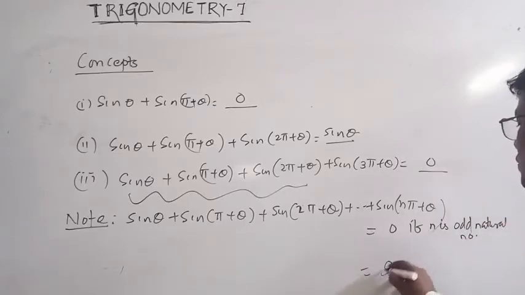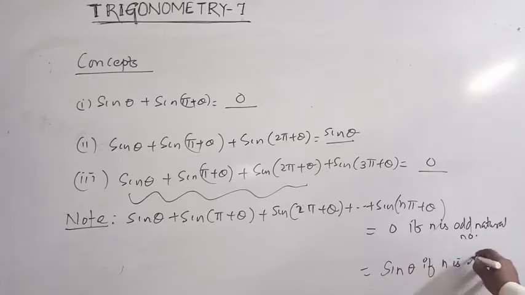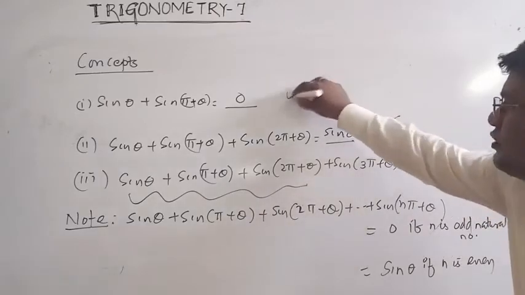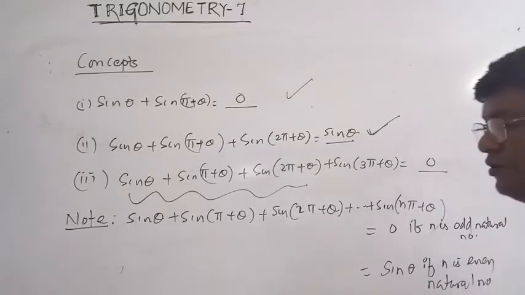This is equal to sin theta if n is an even natural number. Case 1 is odd natural number and case 2 is even natural number. Okay.